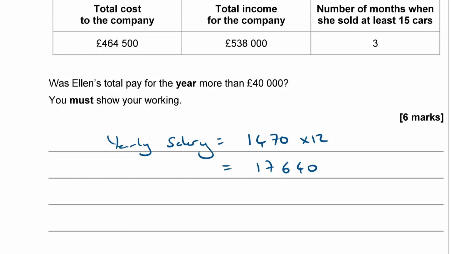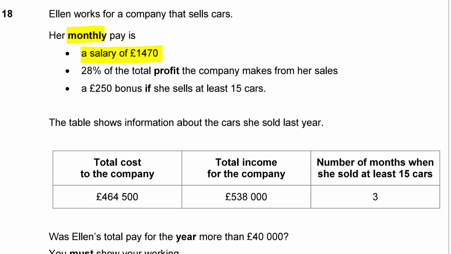Now the rest of her salary is performance related. So she's getting 28% of the total profit the company makes from her sales. Now the total cost of the company of her sales was £464,500, and the total income for her sales was £538,000. So then the profit the company made is going to be the difference between those two. How much money it had coming in, less the amount of money it had going out.